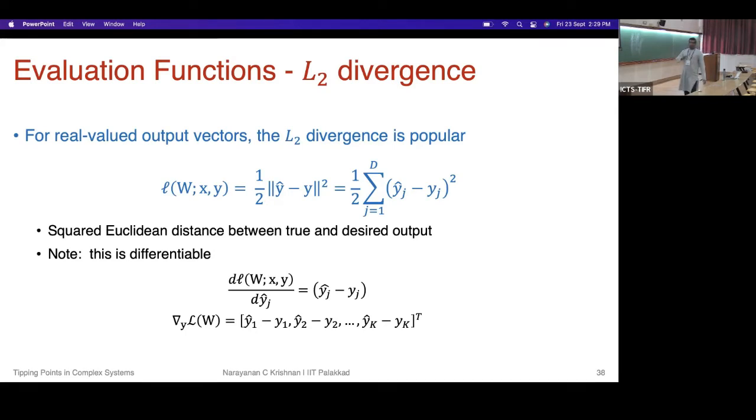And if I define my loss function in this way, I can also find the derivative of this loss function with respect to the predicted output y hat. What is the derivative of this expression with respect to y hat? It is basically this vector that you see there.